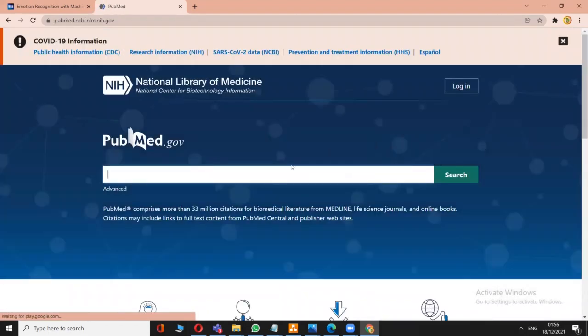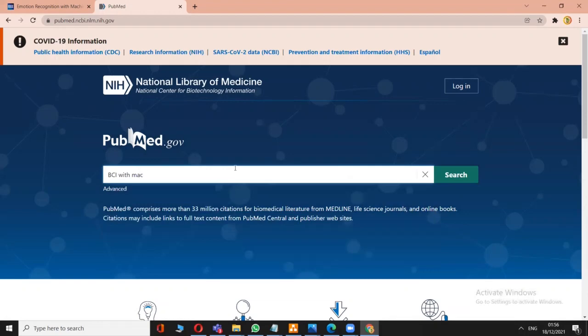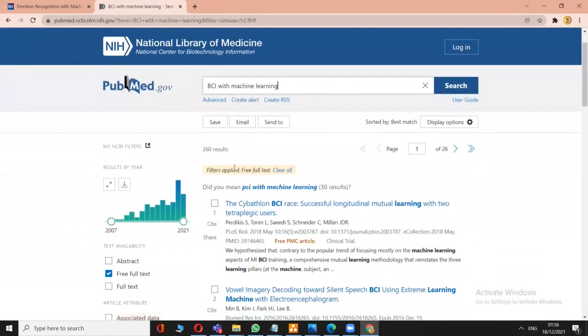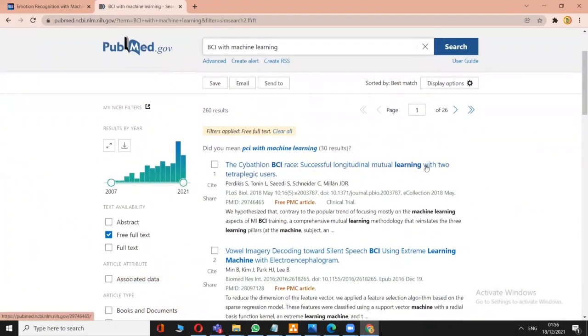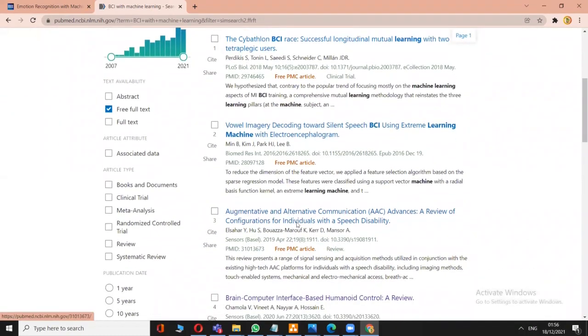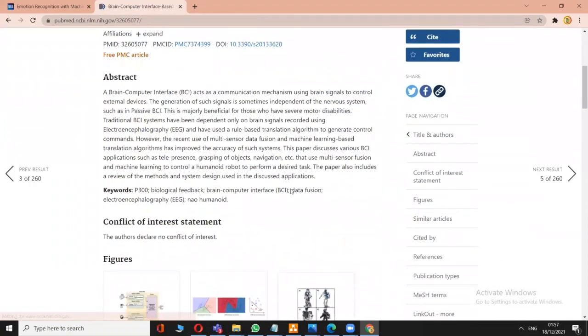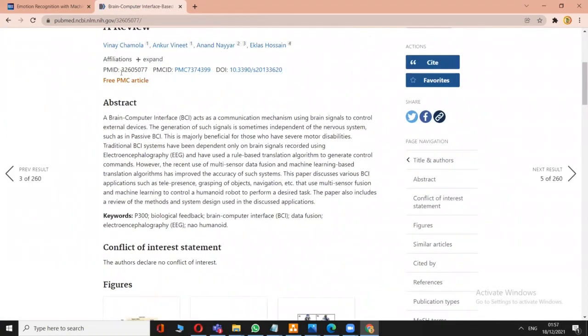Go to PubMed and write brain computer interface with machine learning, or what I earlier typed, the EEG signals, vowel imagery decoding, augmentative and alternative brain computer interface. All right, this is a good one, a review. Yes, I think this will be well suited for my purposes.